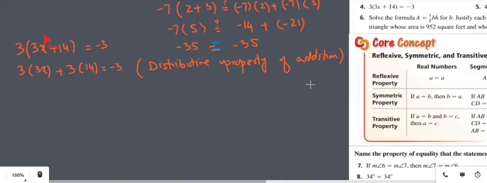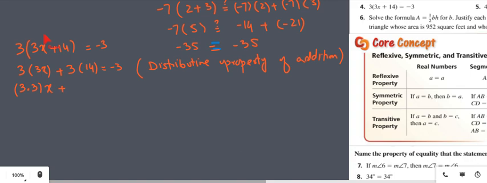Now look at the next step. Can I multiply 3 with 3x? No, currently it is not possible. But if I use the associative property of real numbers, which we usually learned in grade 8, that means if three numbers are being multiplied, I can shift the parentheses. By using that property, now I am able to multiply 3 with 3, and then plus 3 times 14.